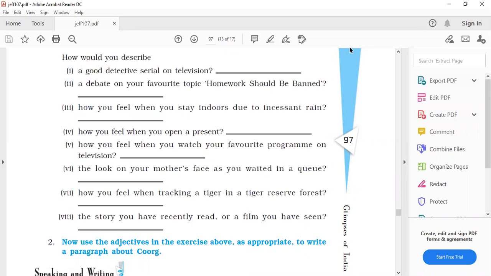How would you describe the magnificent view of the tea estate? Against the backdrop of densely wooded hills, a sea of tea bushes stretched as far as the eye could see.